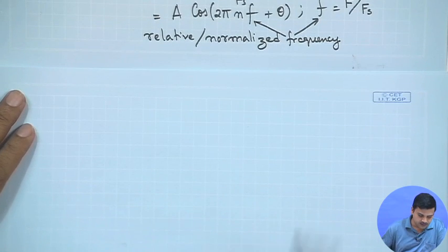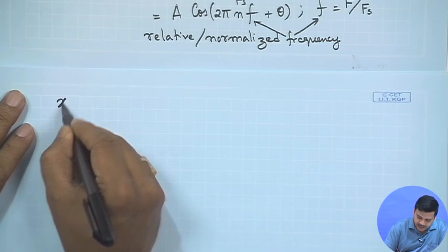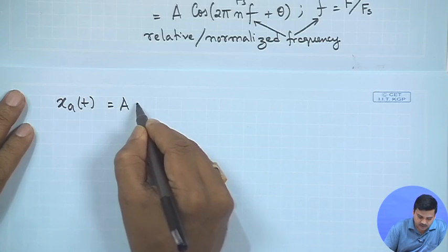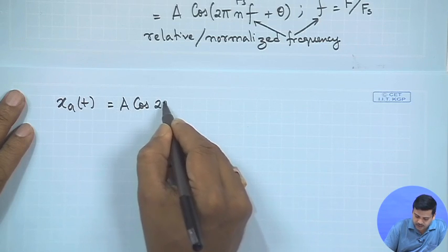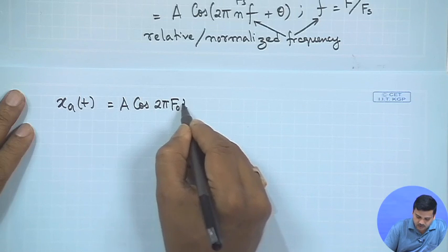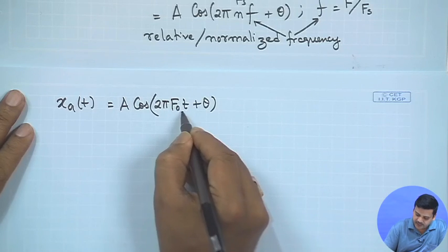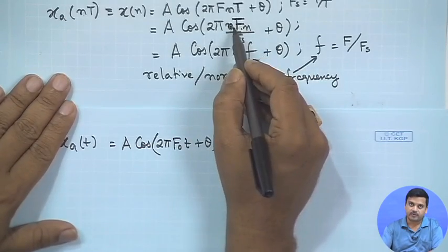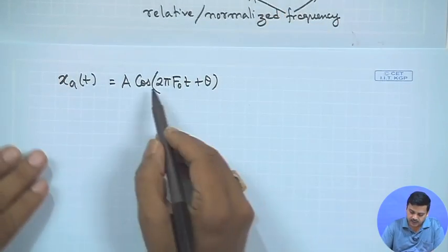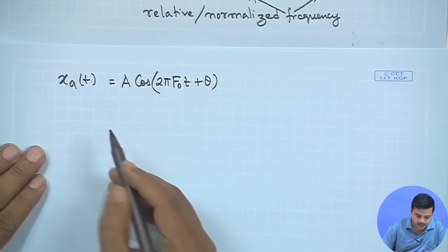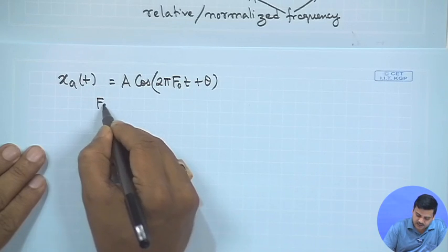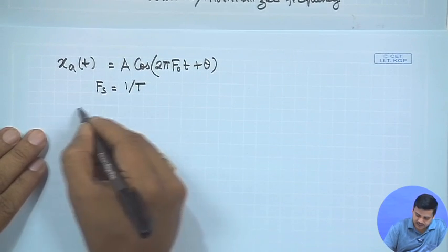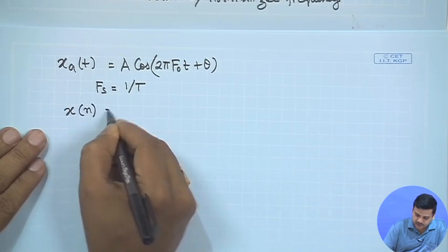So, suppose at this point we say that x a of t is equal to A cos 2 pi F 0 t plus theta. That means, I have taken a particular value of frequency instead of a generic value that we have taken here. So, if we take this as 2 pi F 0 t and we decide that F s is equal to 1 by T, we can easily write x n using our previous relationship.